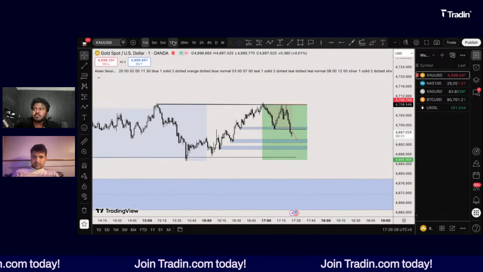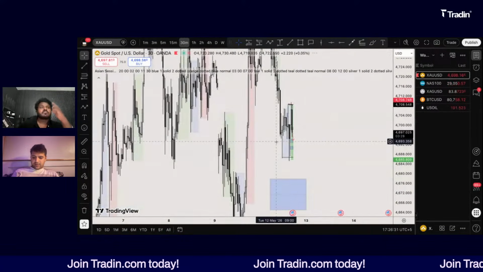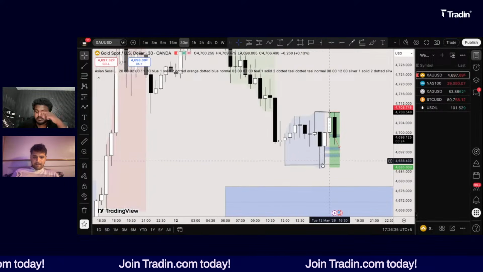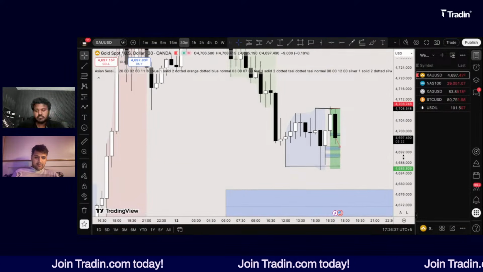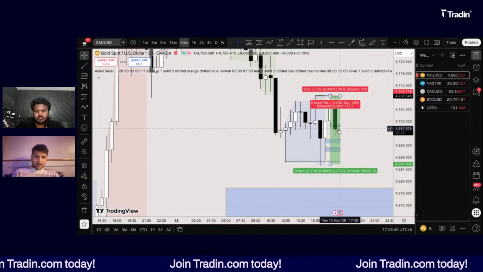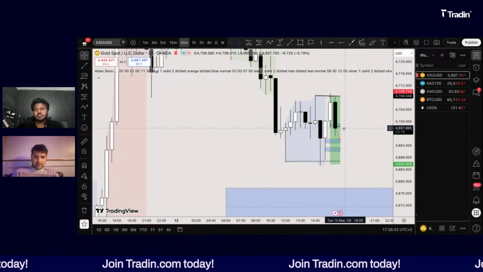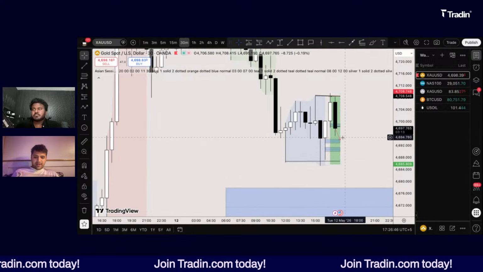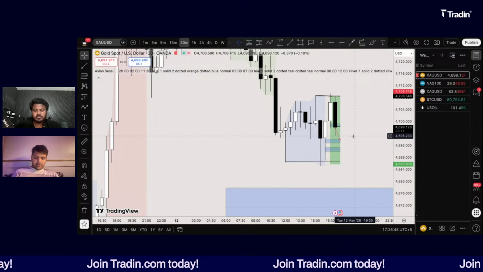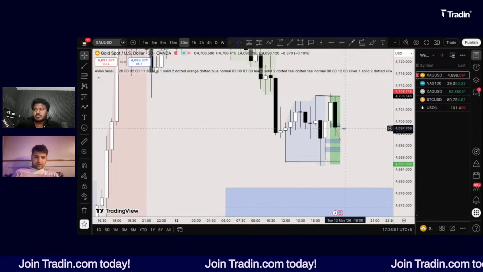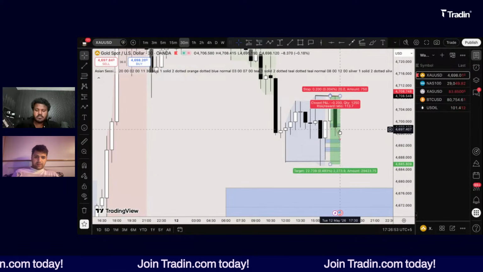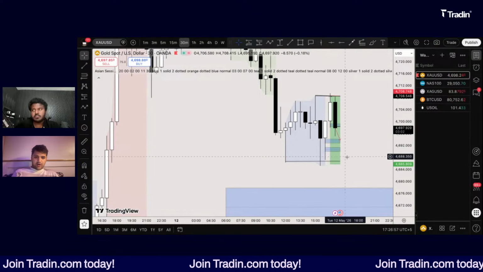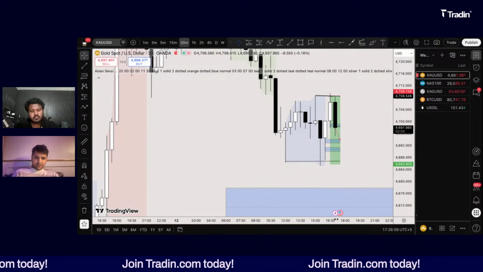Let's see how this 30-minute closes. At the same time, I don't want to see a big wick on this 30-minute candle, because a big wick at the downside means rejection. I just want it to close with a good bearish body without a big wick.